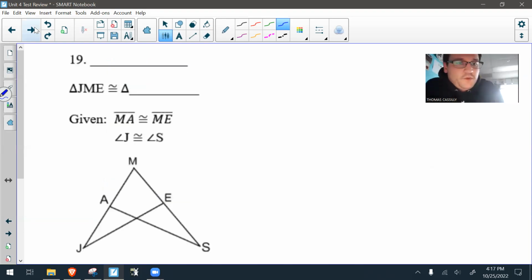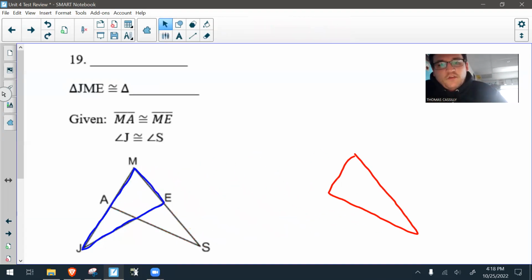Two more. Here we go. JME. We had one very similar to this on the homework. This probably has to do with these overlapping triangles. So JME is going to be this blue one, and we're going to have this red one here. We have to see if those are congruent. Do we have enough information to say that these are congruent?